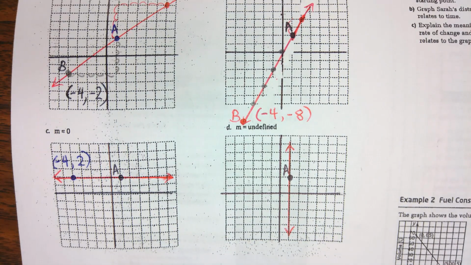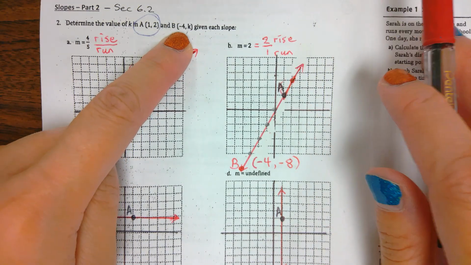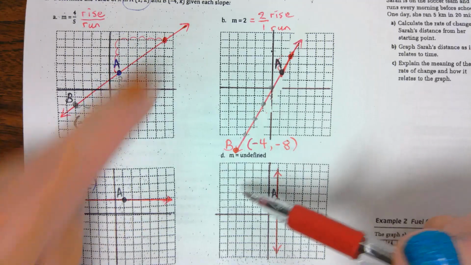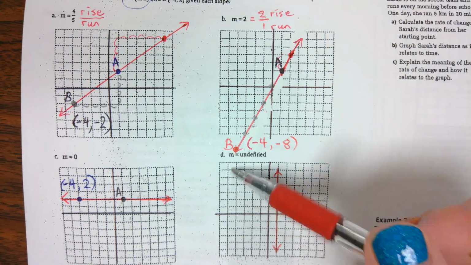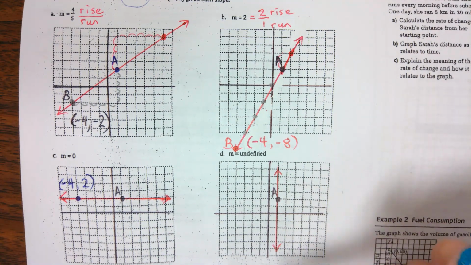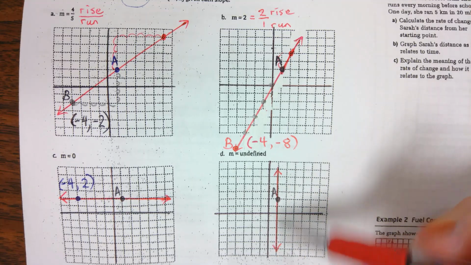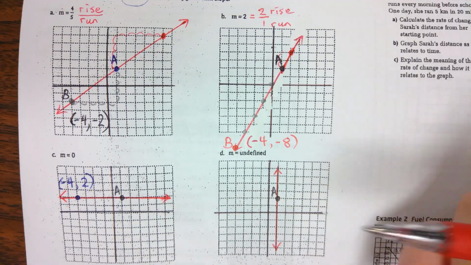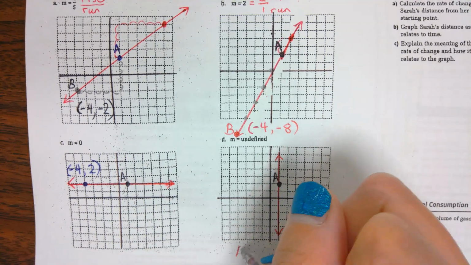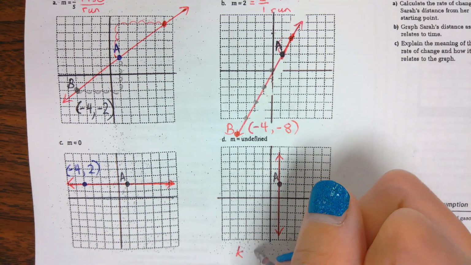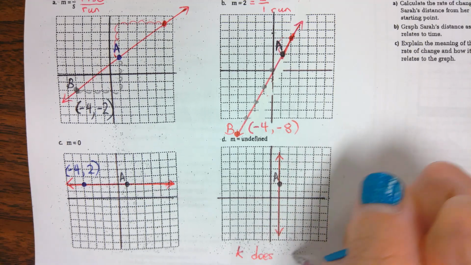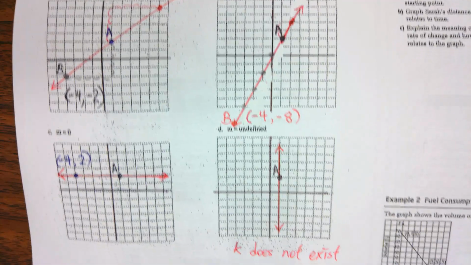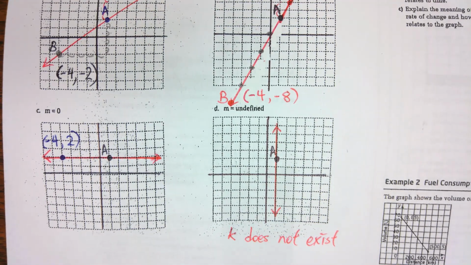There is no point B because I told you part of the coordinate for point B is -4 and something, which is like somewhere over here. But my line is over here on the positive side. So will my line ever go through point B? No. So point B doesn't exist, or k does not exist. Okay, there's no such value.